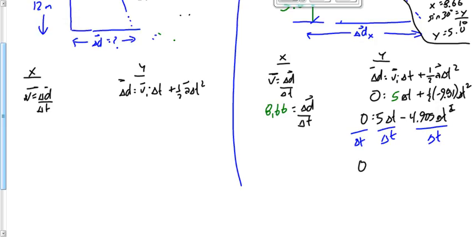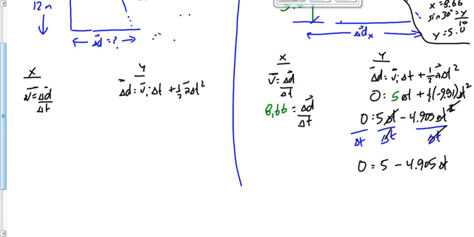What's 5t divided by t? 5, because t divided by t is 1, right? What's 4.905 t squared divided by t? One of the t's cancels there. Becomes 4.905 t. Right? Now it's looking better, isn't it? Now it's looking more manageable.